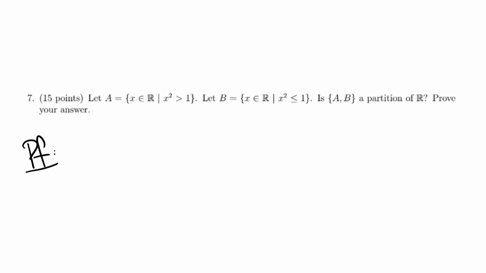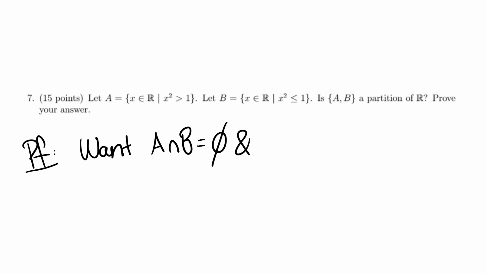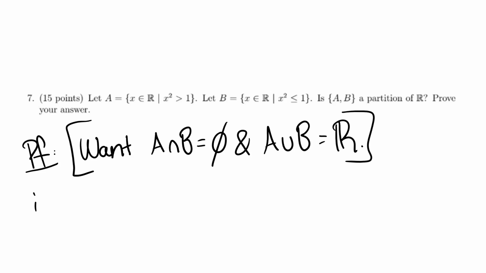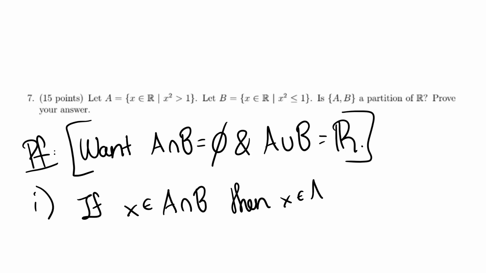Okay. So I want A intersect B to be the empty set and A union B to equal R. So maybe let's start with part 1. So A intersect B, how about I'll say if X is in here, and so I want to show that X doesn't exist, then X is in A and X is in B. Because remember how you show this equality is you want to show this way and this way.